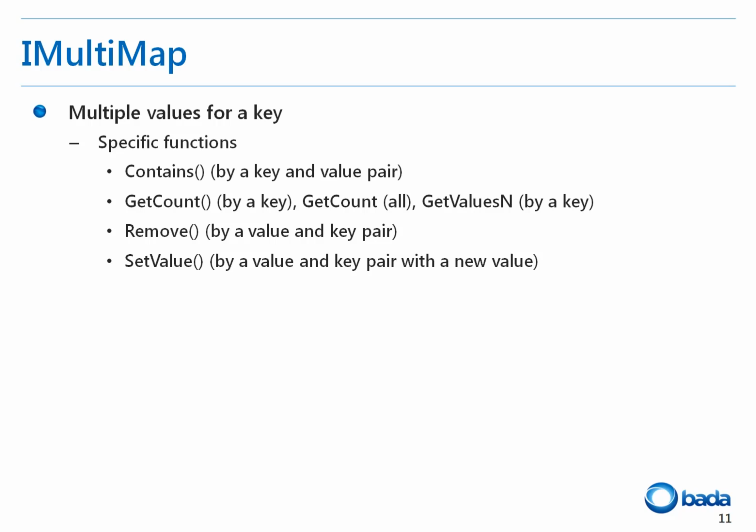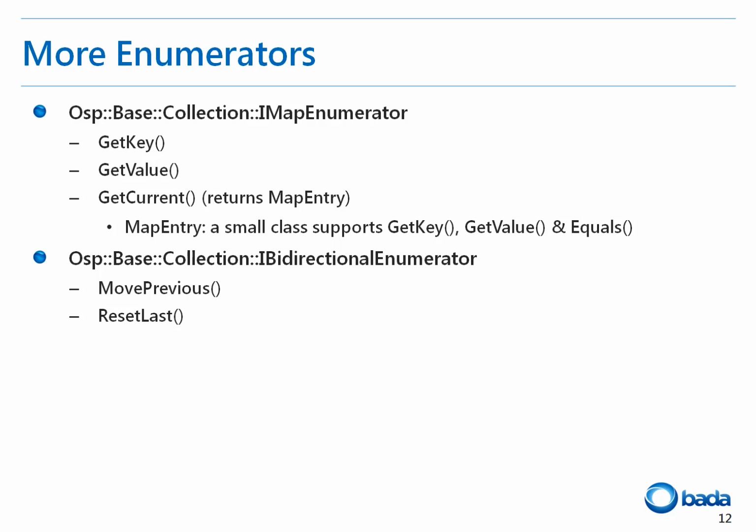The actual implementation of the IMultiMap interface is the MultiHashMap class. For a hash map and multi-hash map, a different enumerator from the existing enumerator is required. This enumerator is called IMapEnumerator. The IMapEnumerator class provides functions to get the key or value of the current point.